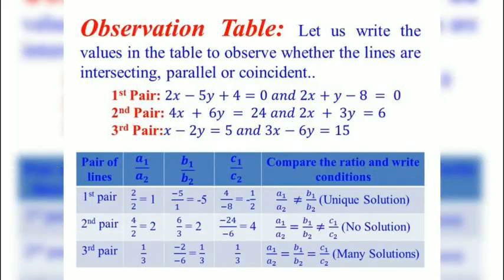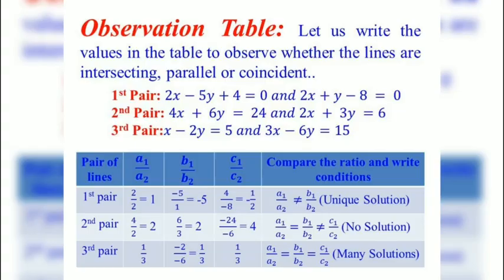So what do we observe from the graphical representation of the three pairs of linear equations in two variables? Let us write the values in the table to observe whether the lines are intersecting, parallel or coincident algebraically also. For the first pair of linear equations, a1/a2 is not equal to b1/b2.